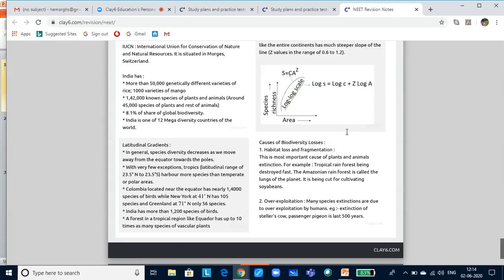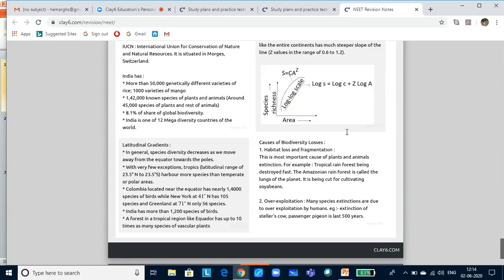When large habitats are broken into small fragments due to various human activities, mammals and birds requiring large territories and certain animals with migratory habits are badly affected, leading to a decline in their population. Second, over exploitation. Many species are becoming extinct due to over exploitation by humans.